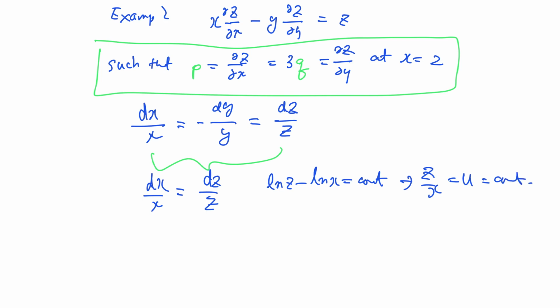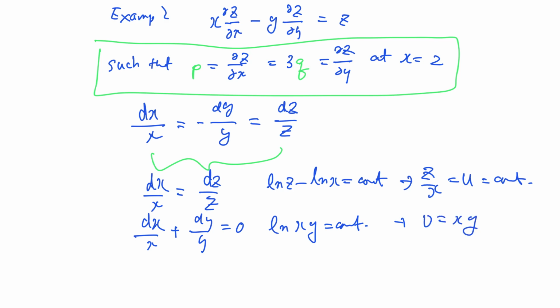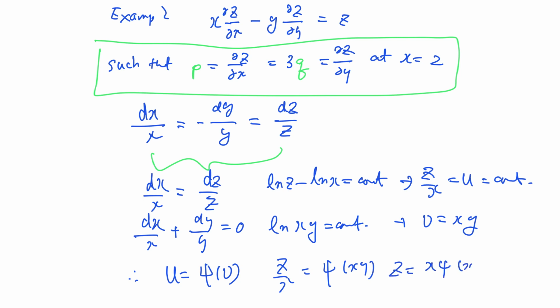and dx over x plus dy over y is equal to 0, or ln xy is constant, v is xy. Therefore, u is some function psi of v, or z over x is psi of xy, z is x psi of xy.